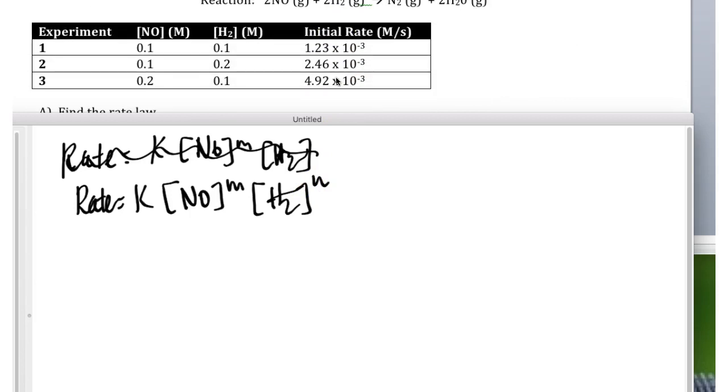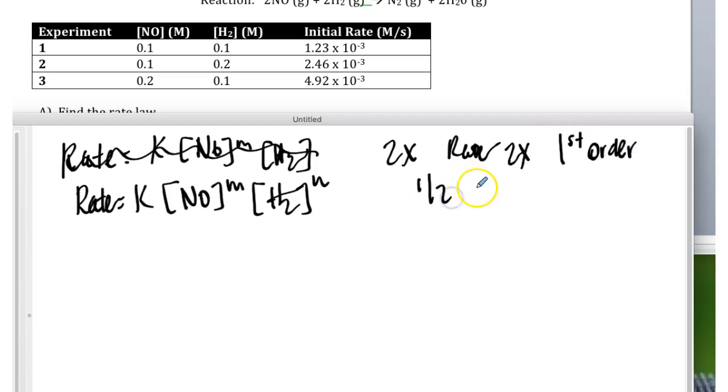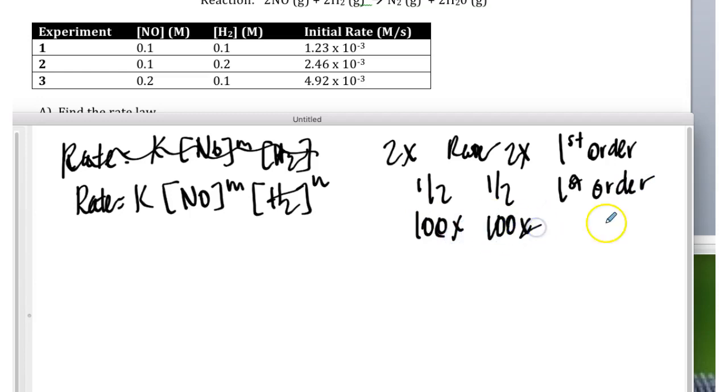And again, just review, if you double something and the rate doubles, then that is first order. If you halve something and then the rate halves as well, still first order. It's directly proportional. If you change the concentration by 100 and the rate increases by 100, then it's still first order.